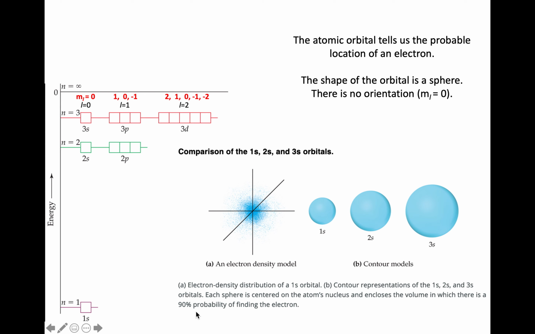The description says each sphere encloses the volume in which there is a 90% probability of finding the electron. So we have an s orbital, 1s, 2s is larger, 3s is even larger. In each case, instead of drawing all the dots, this sphere would enclose 90% probability of finding the electron.